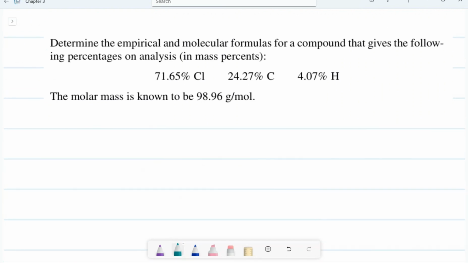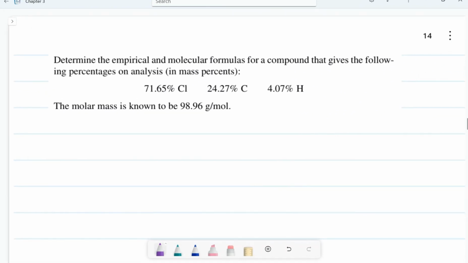So, in order to determine the empirical formula, the first thing we can say, since we are dealing with percentages, is that percent means out of 100, which means we have 100 of something.